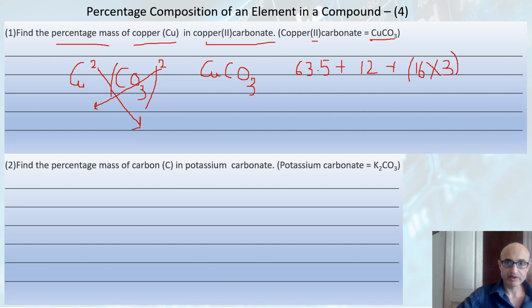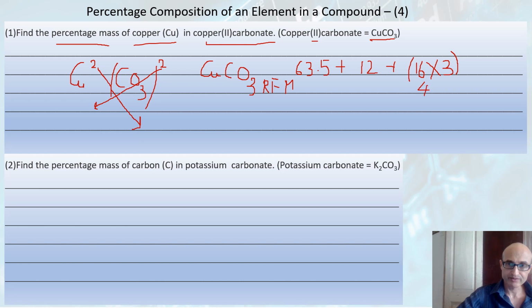So then when I find the total RFM of copper 2 carbonate, the relative formula mass, that's equal to the 63.5 and our 12, and we've got our 48.